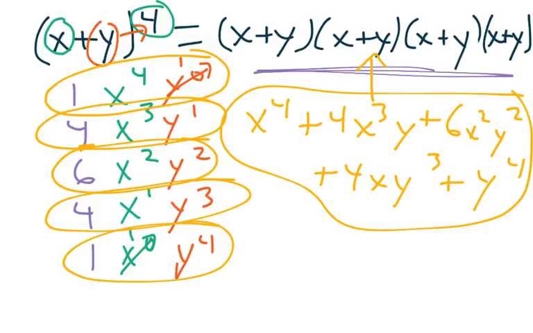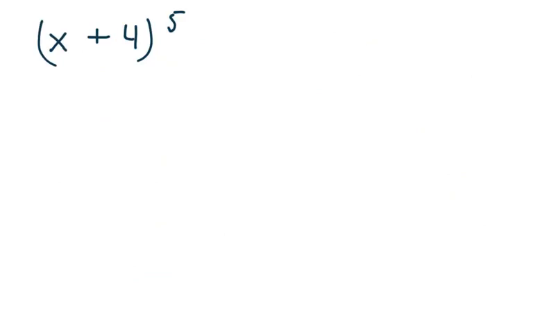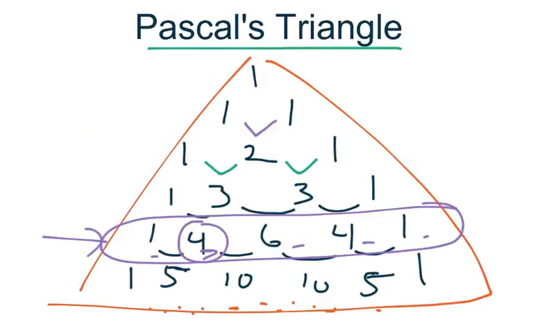Now, it's pretty cool and it's pretty quick, I hope you realize. Let's do one more without a lot of talk about it. Here's the pattern and method again. Here we go. I notice it is a 5 power, right? Well, Pascal's triangle, notice row 5 will have a 5 at the beginning of the row.